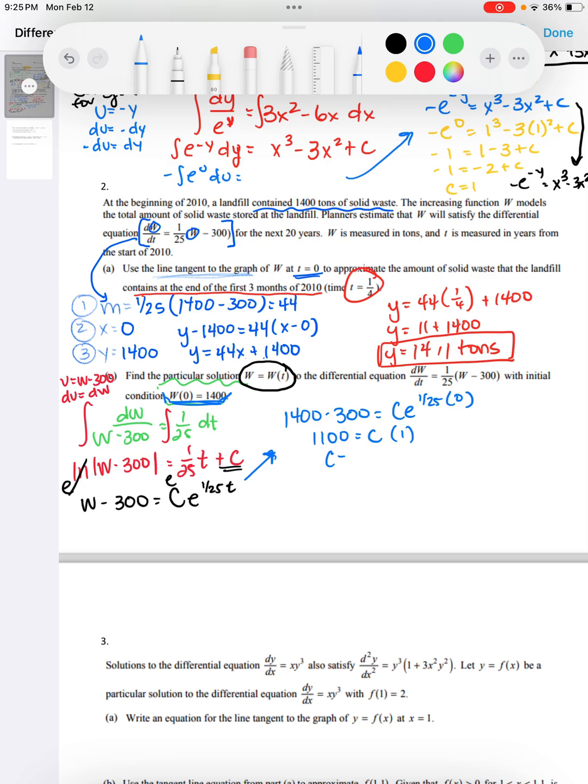So my C value is 1,100. Then W minus 300 equals 1,100 e to the 1/25 t. And then add over your 300 to solve for W.